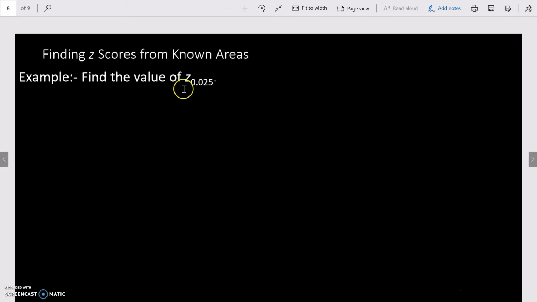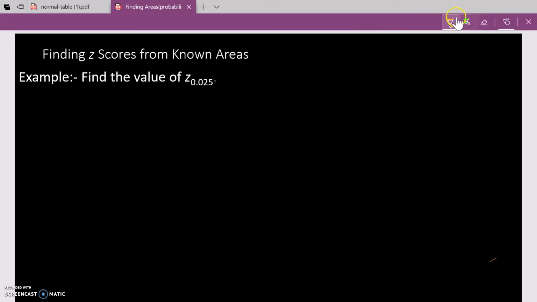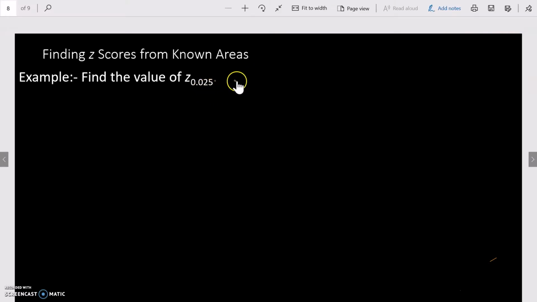Find the value of z 0.025. It means you are asked to find the value of the z-score such that the area to its right side is 0.025. Let me make a picture, and the picture will make the things very clear. So what do you mean by z of 0.025?